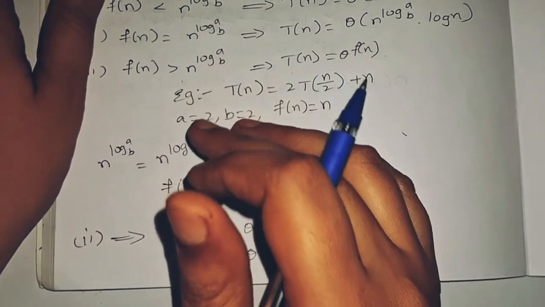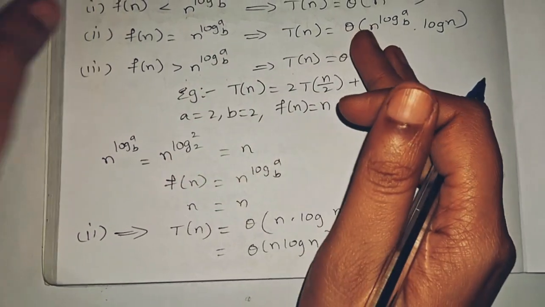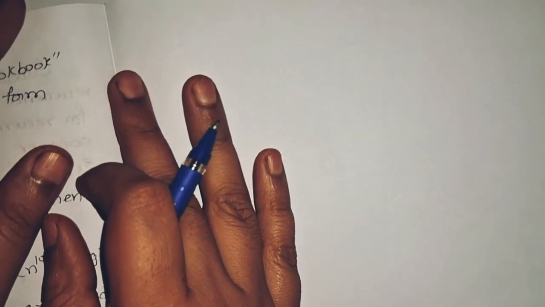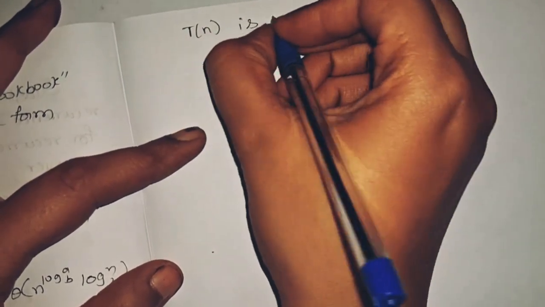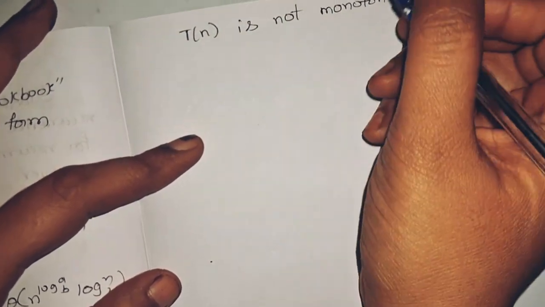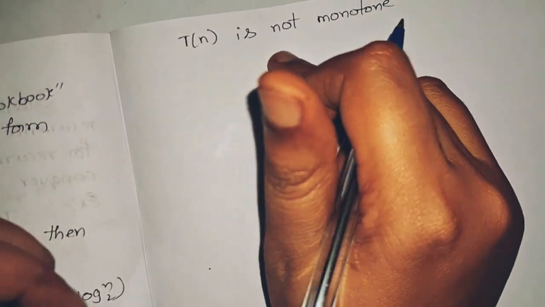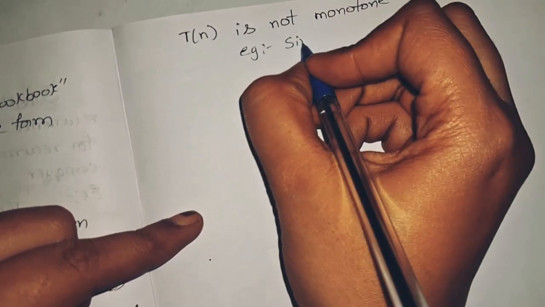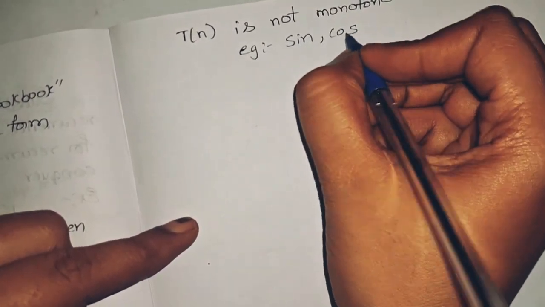Okay. And there are some limitations for the Master's theorem. So we can apply the Master's theorem only for certain types of recurrence relations. So we cannot apply it to relations like, suppose T of n is not monotone. That means, we cannot apply the Master's theorem if it is in the format of trigonometric relations, that is sine, cosine, like that.